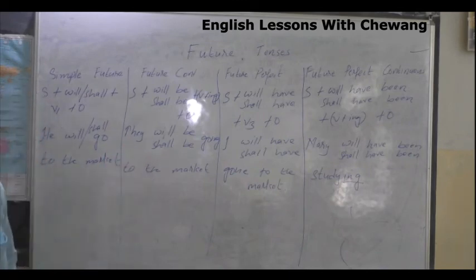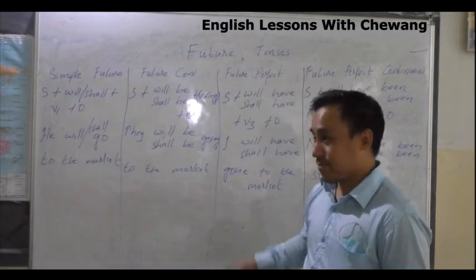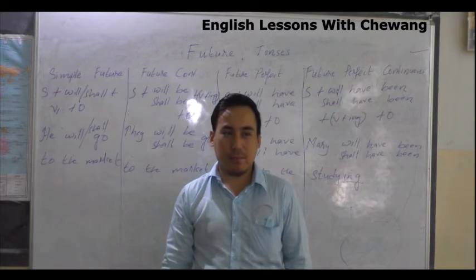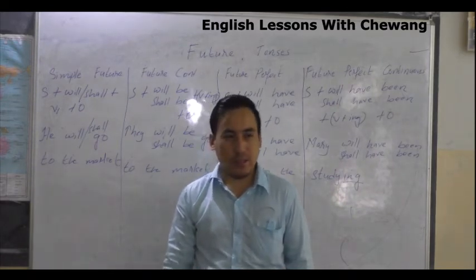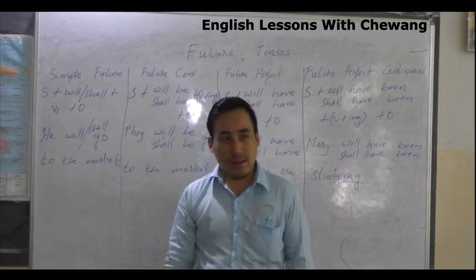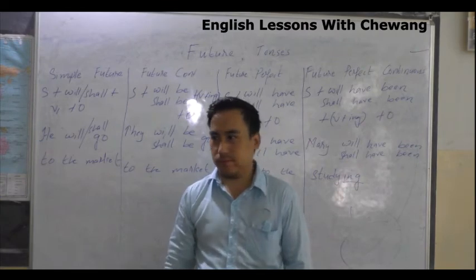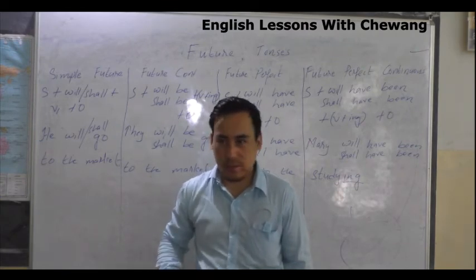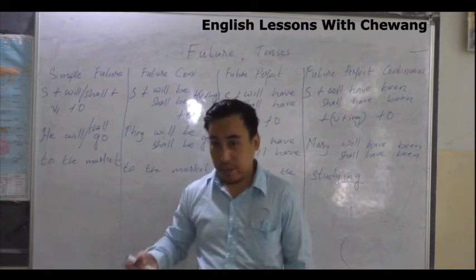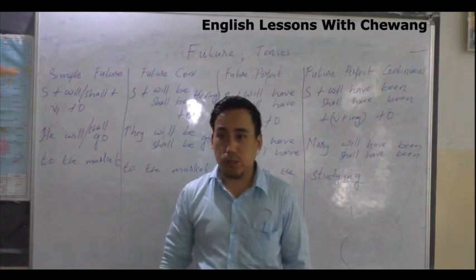So these are the forms. Okay, and when you speak, present continuous, interrogative. Are you coming to school? Are you coming to school? That is interrogative, present continuous. You are coming to school?